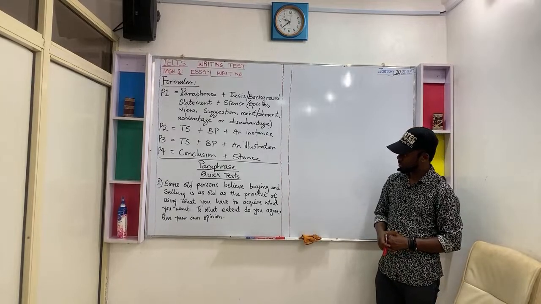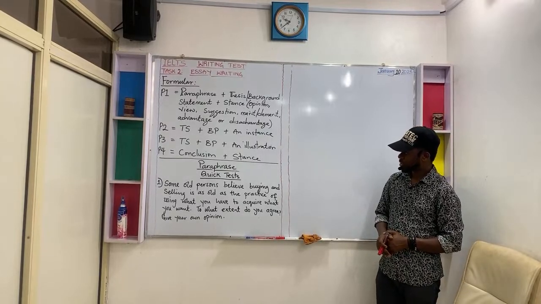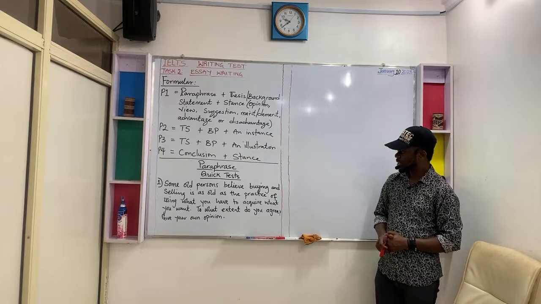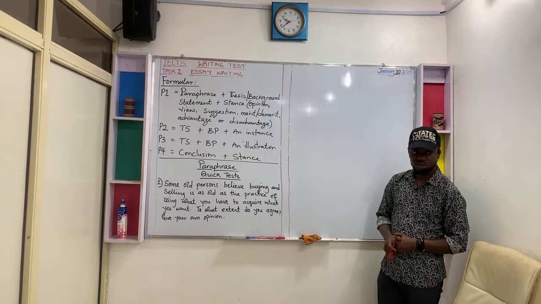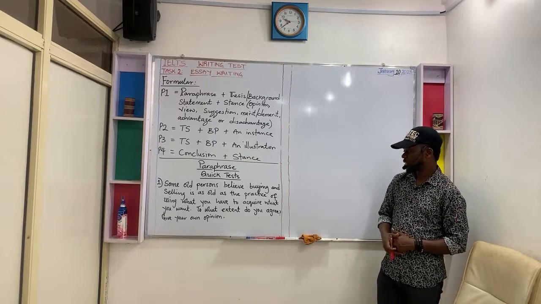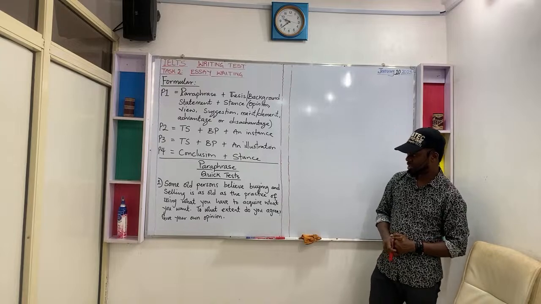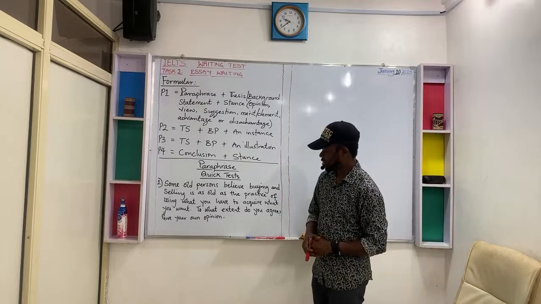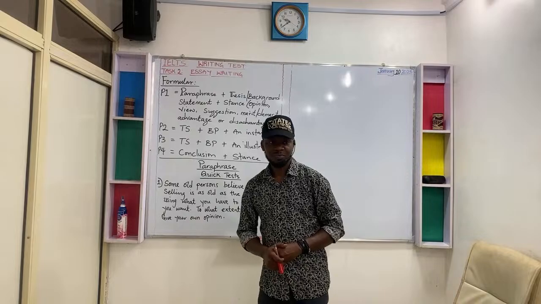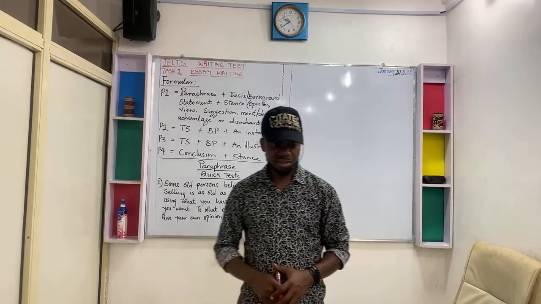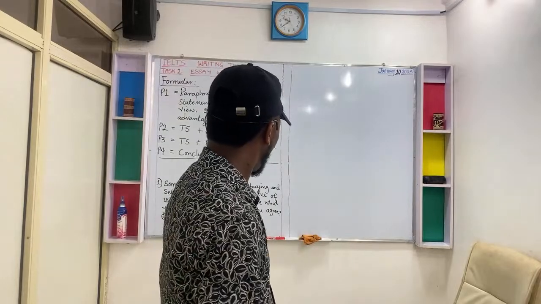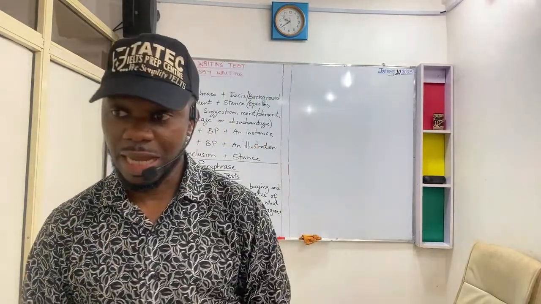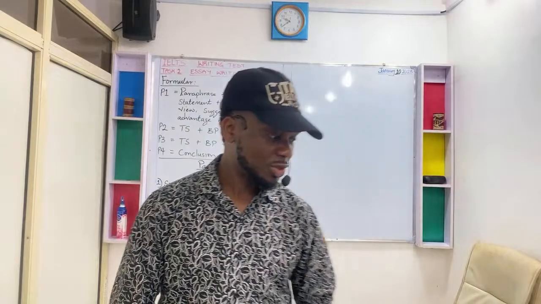The question here is, some persons believe buying and selling is as old as the practice of using what you have to acquire what you want. Then to what extent do you agree? Give your own opinion. In 2 minutes, please paraphrase this. Are you still copying? Okay, please copy.